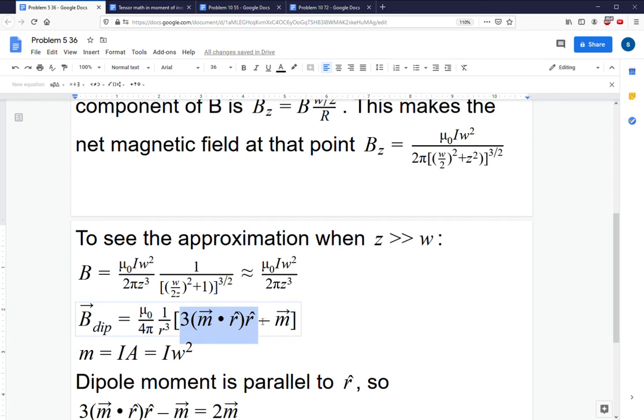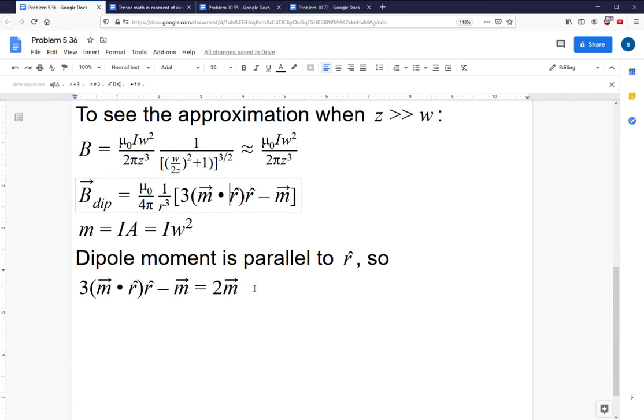So this reduces to 3m vector minus m vector, or 2m vector. Now, keep in mind this is only true because m is parallel to r hat. It would also be true if m is anti-parallel to r hat, but any other direction it would not work. So this just reduces to 2m.